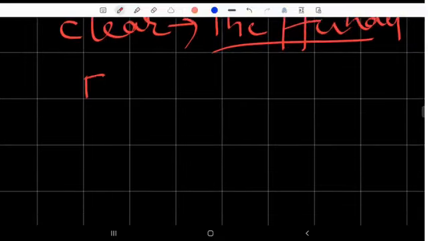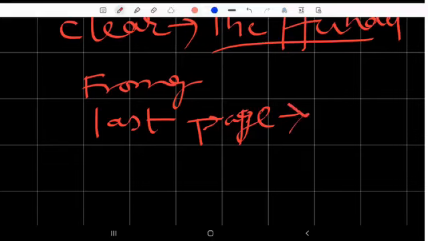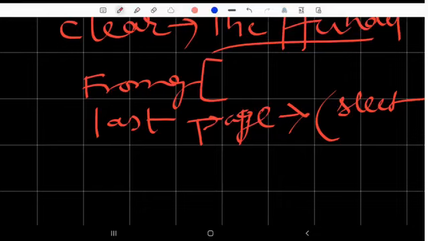See what to read. You can read the front page of The Hindu newspaper, and the last page. In the last page you have to read selectively, not the total page. In the front page you can see whatever news is covered in all the pages.